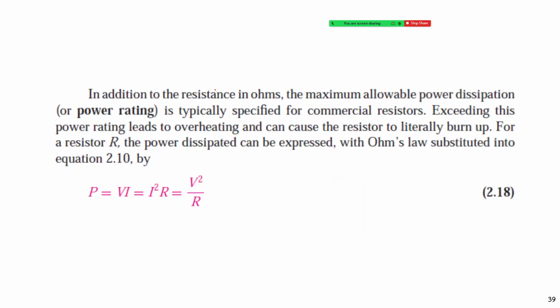And the power dissipated in the resistance can be computed by V times I also. And you can substitute V by the voltage across the resistance here, for example. This is R, this is V, and this is I, right? And V is IR, or I is V by R, right?